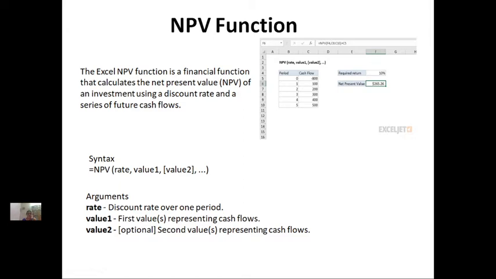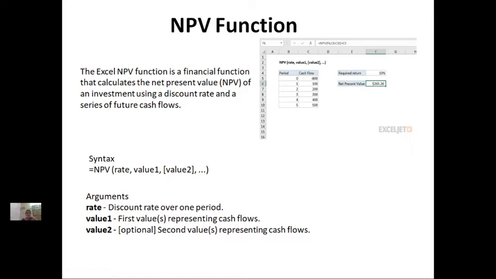He takes an example here: the periods are 0, 1, 2, 3, 4, 5, and the cash flows are minus 800, 100, 200, 300, 4, 5. Then the net present value is $265.26. Required return is 10%.